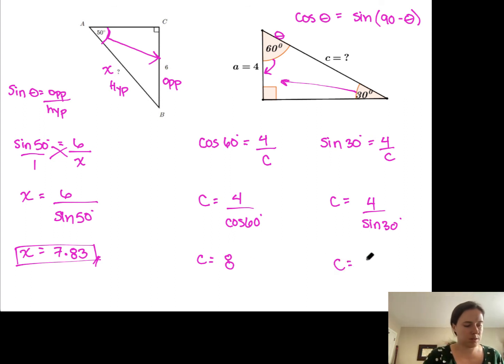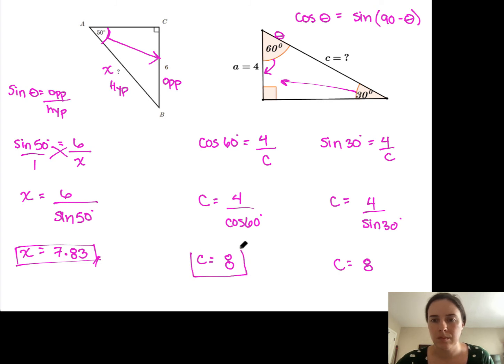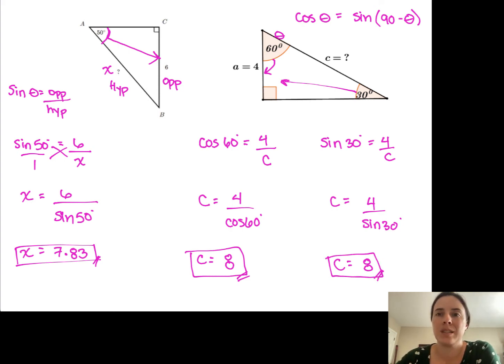And 4 over sine 30 gives us 8. So we did get the same answer, which is great. And ta-da! So that is our super fast intro into right triangles.